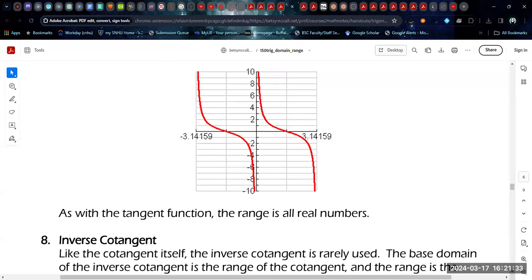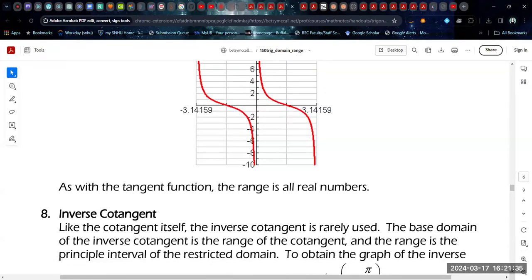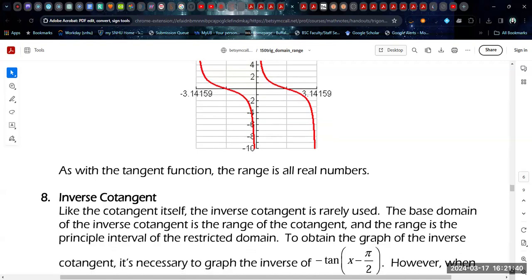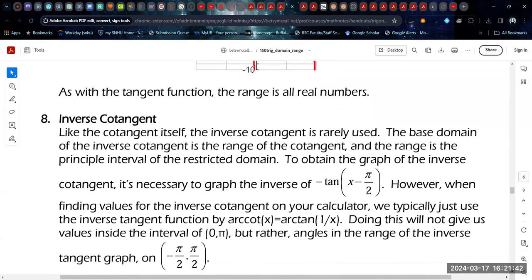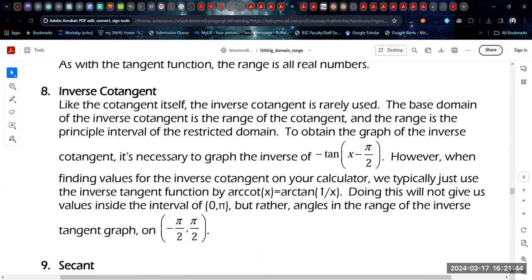So again, we have similar issues when we deal with the inverse cotangent that we had with the regular tangent. What we would have to do is start with our domain of the inverse cotangent, which is just all real numbers. But then, by definition, the interval would be from 0 to pi for our restricted section of the graph.